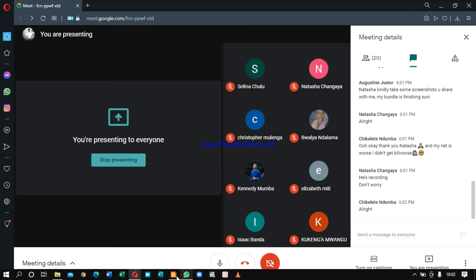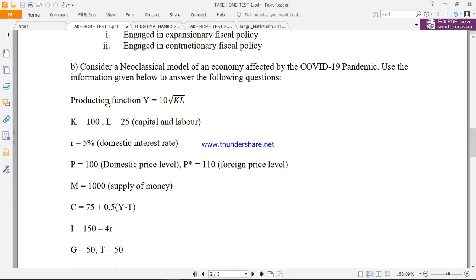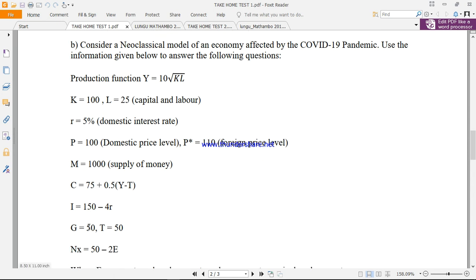Okay, let's continue. So we have got this production function, and then we've got capital 100, labor 25, real interest rate 5%, domestic price 100, foreign price 110, money supply 1,000, consumption function. We have the investment function.